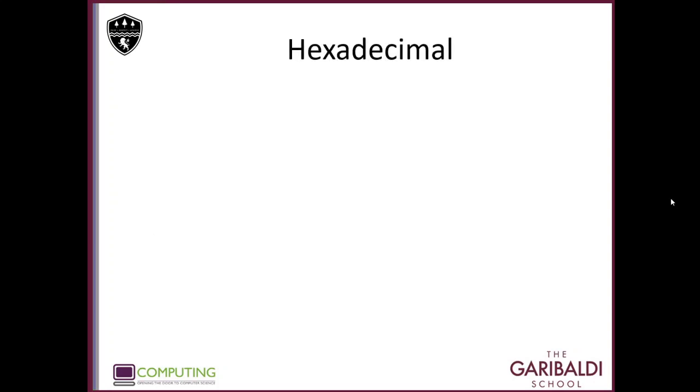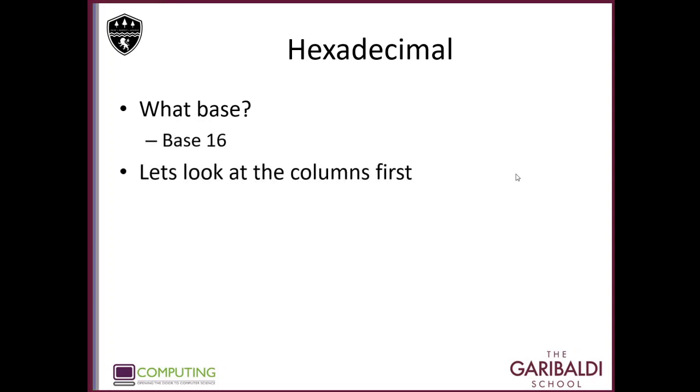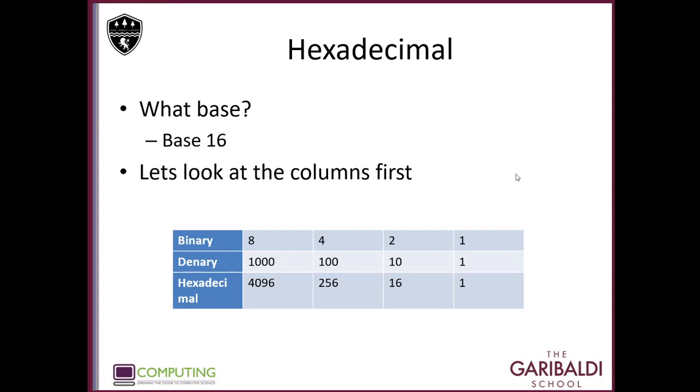So, hexadecimal is the base 16. If we look at the columns in binary, we always go up by 2, so every time the columns double. If we look at denary or decimal, every time the columns go up by 10, so they're multiplied by 10.